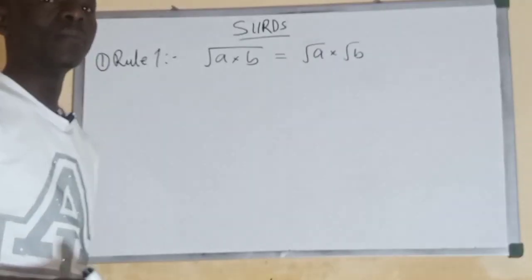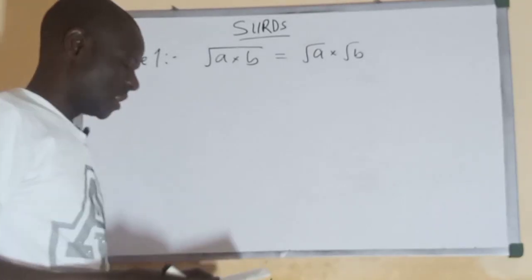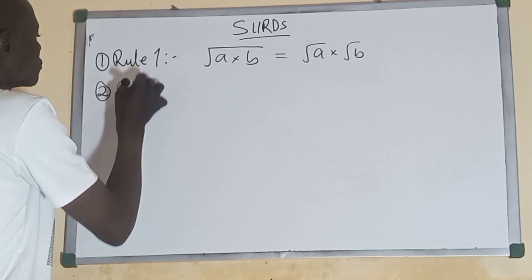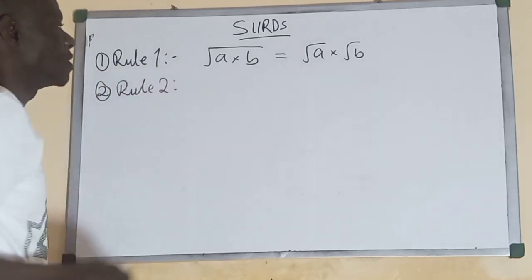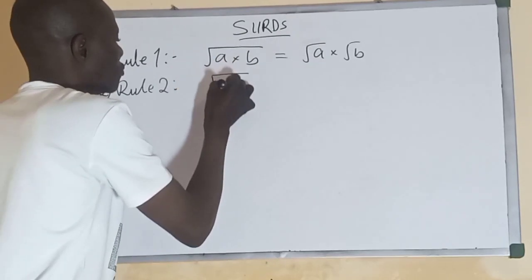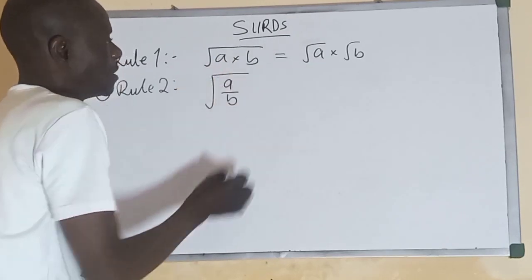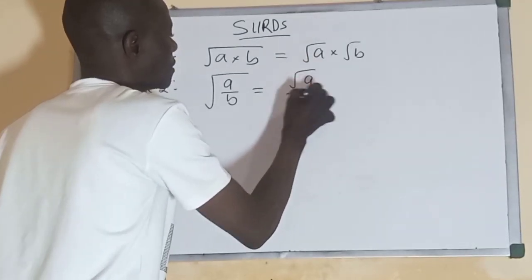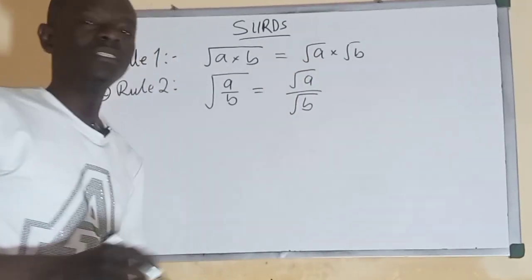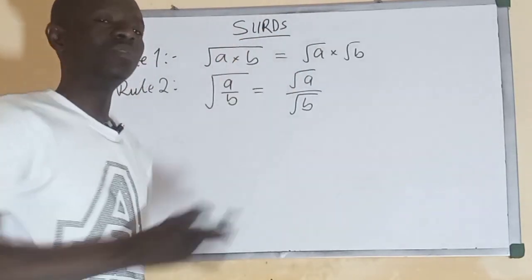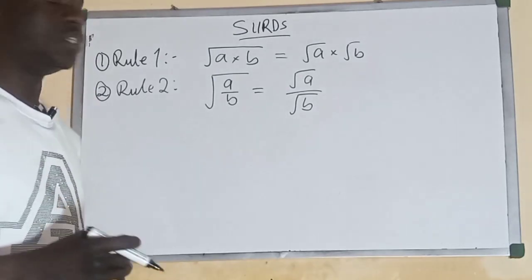Then rule number 2 says whenever you have the square root of a over b, it is the same as the root of a divided by the root of b. We are going to see the application of all this when we come to simplification.